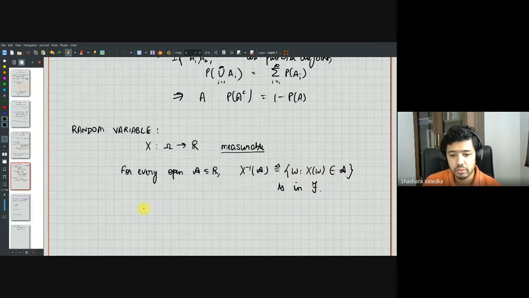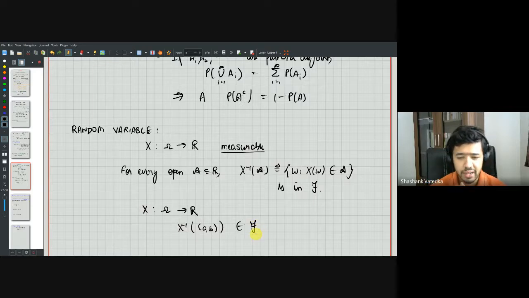So for a mapping X from omega to R, X inverse of any interval (a, b) should be a valid event. In fact, most functions that you can think of are measurable. It is actually very hard to construct functions which are non-measurable. This is just a technical definition, but it's good to know.